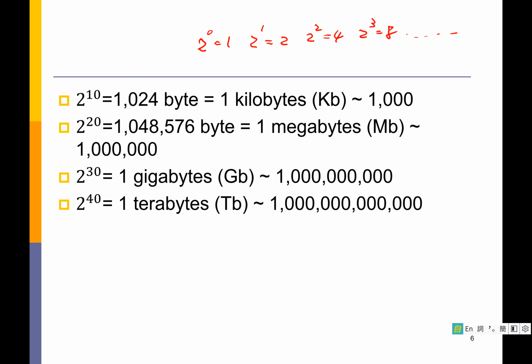Normally, what does it mean? 2 to the power of 10 means 2 times 2 times 2 times and so on.